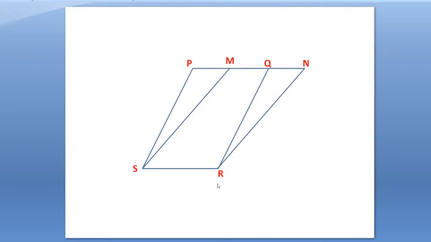This one PQRS and MNRS. It is clear that this is the common side SR for both the given parallelograms, or these both parallelograms are on the same base SR.